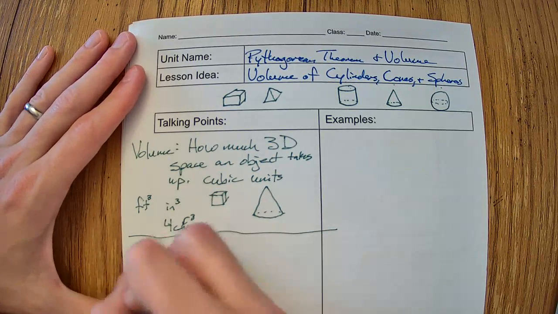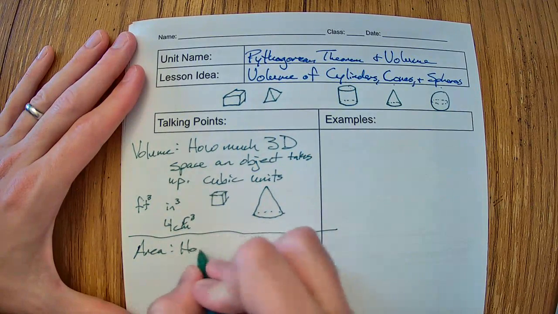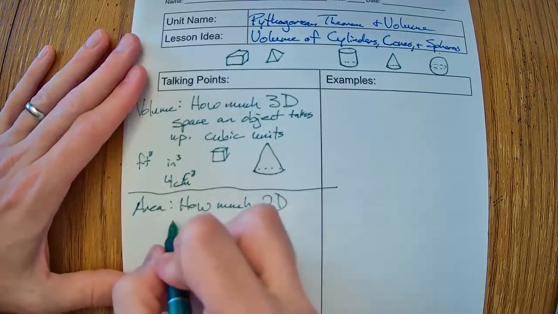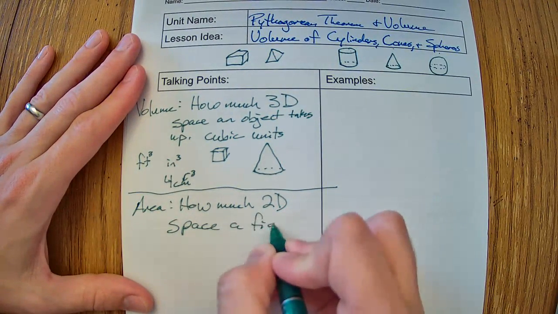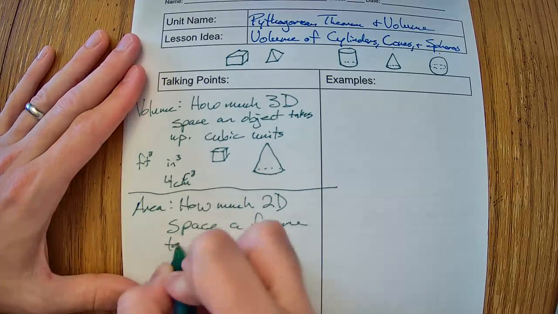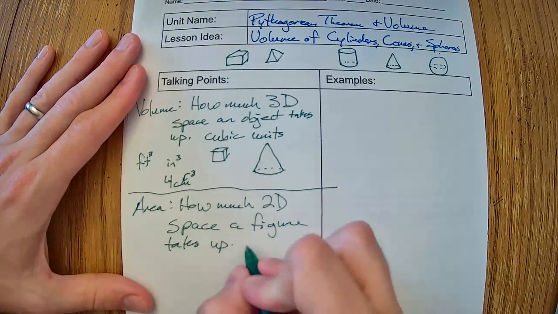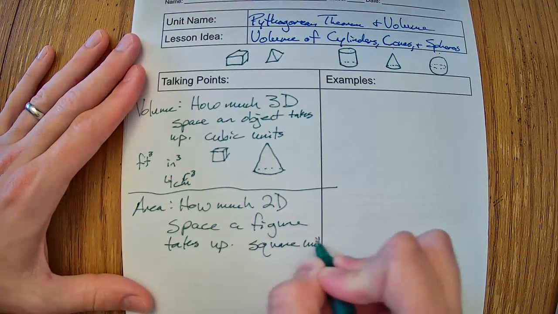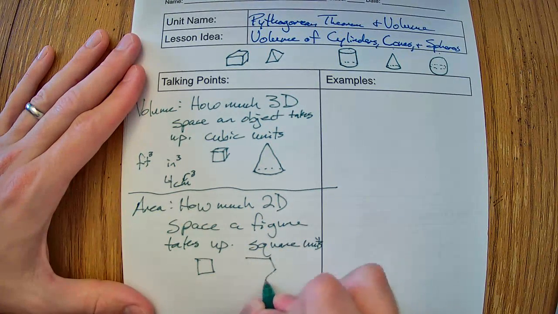If we were talking about, say, area, then that is how much 2D space a figure takes up. And in the case of area, we measure in square units. So, for example, how many squares of a certain size would fit into, say, this hexagon?